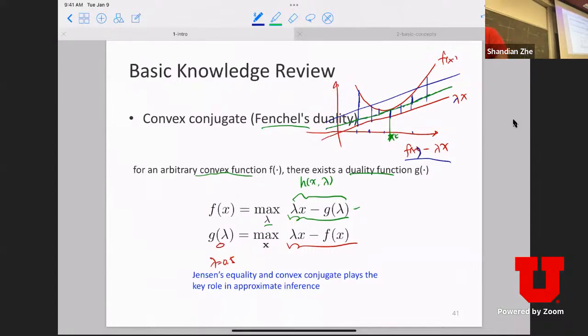So then the difference becomes the intercept. That's where the g of lambda comes from.